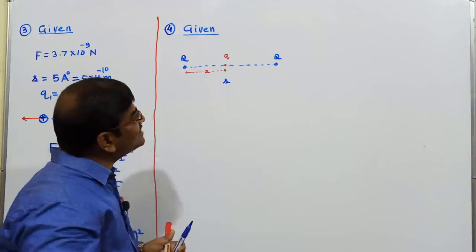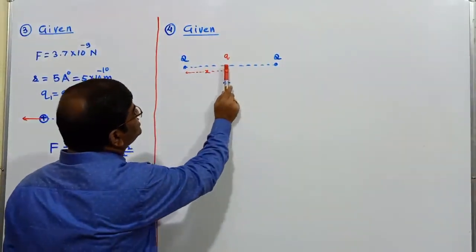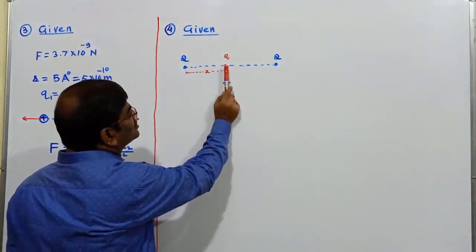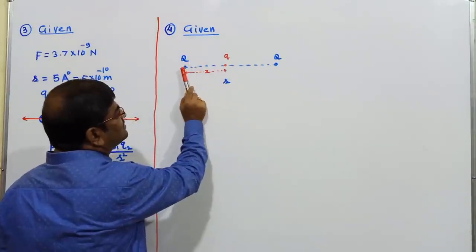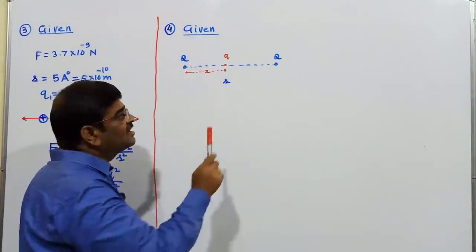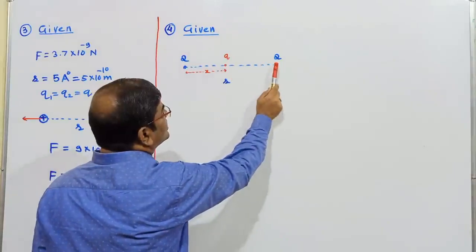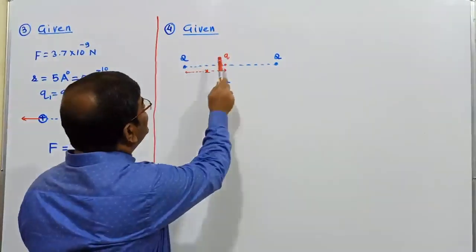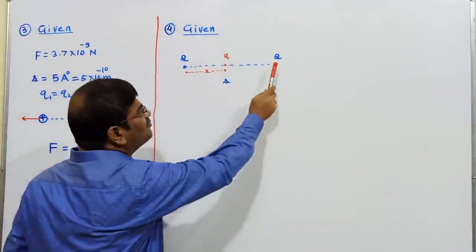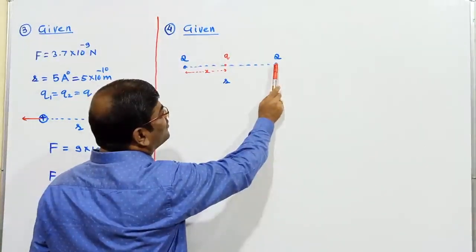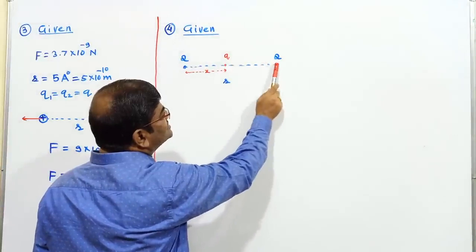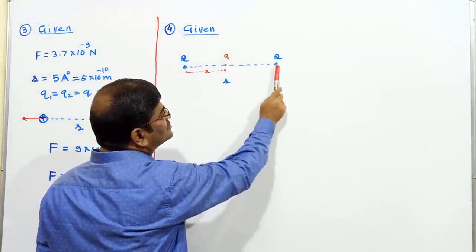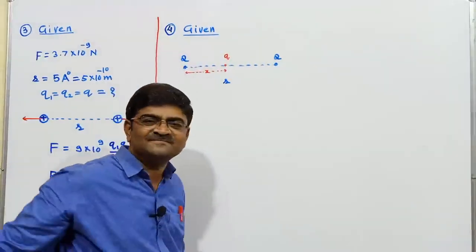At the same time, if I talk about this charge, I will have a force on this charge exerted by this, and a force exerted by this. If I come over here, I will have a force on the charge exerted by this and by this.